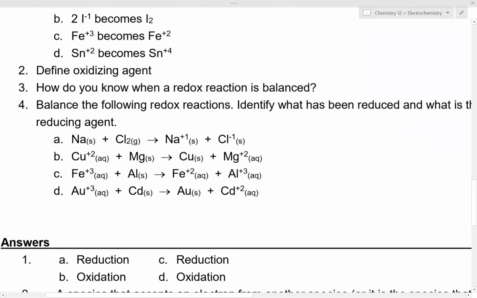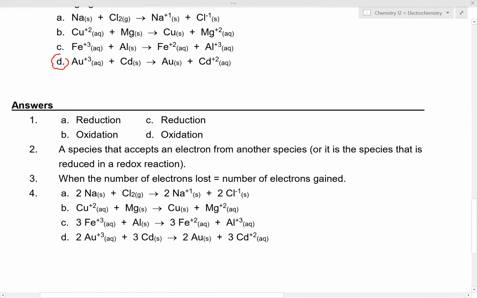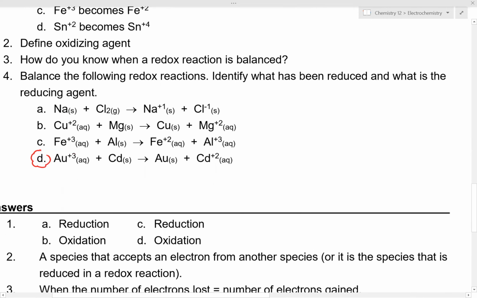Okay, now let me give you an example here. Let's take a look at question number 4D. It says, balance the following redox reactions, identify what has been reduced and what is the reducing agent. So if we look at question number 4D, we have Au 3+ plus Cd gives you Au plus Cd 2+.